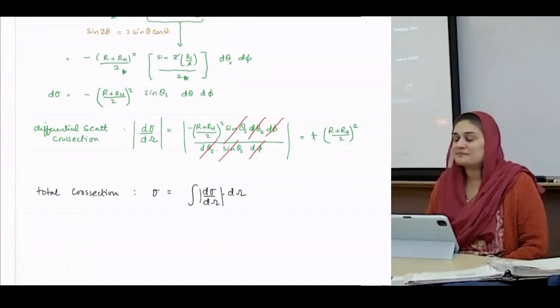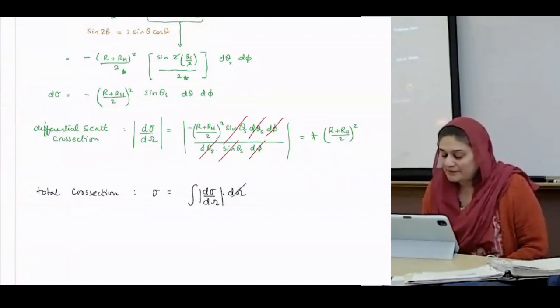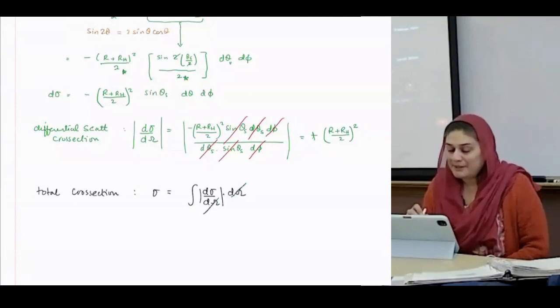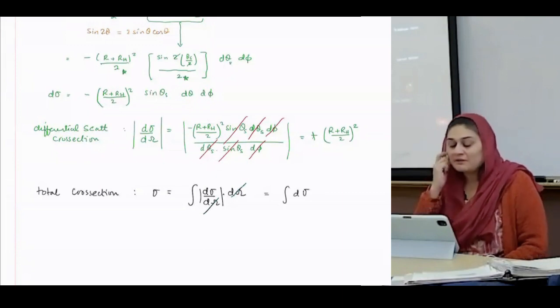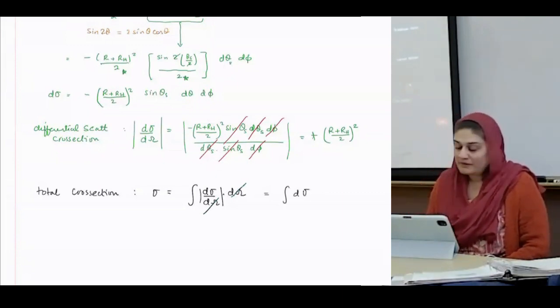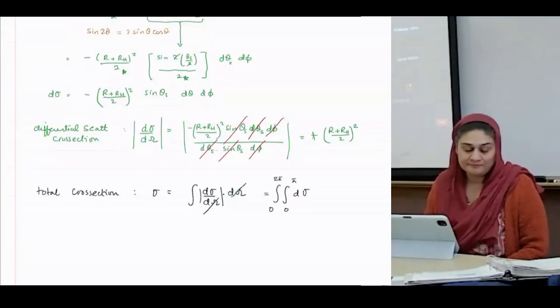Not worrying about this. Will these two go away? Am I left with d sigma, and it's a double integral 0 to pi, 0 to 2 pi?